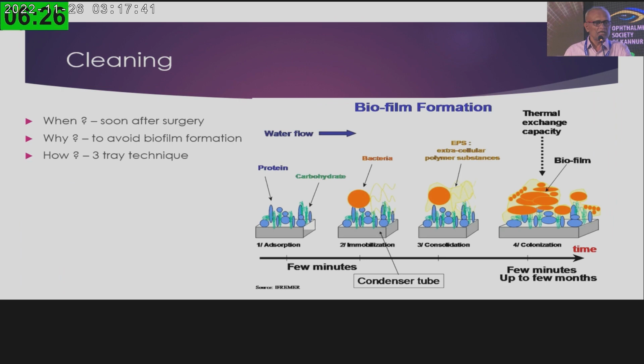Biofilm formation has different stages. In the earliest stage, within minutes, if you clean the instrument, you can get rid of the organisms. Otherwise, they become adherent and accumulate extracellular polymeric substances, and all this becomes very hard and lodged in the instruments. If it is a cannulated instrument, it is very difficult to dislodge it.